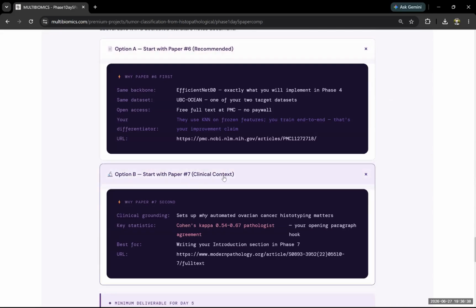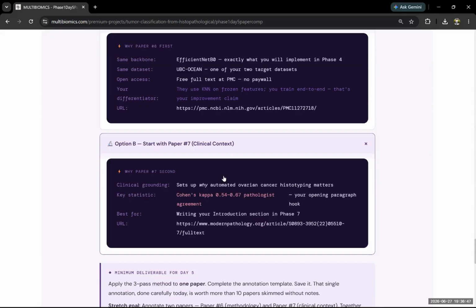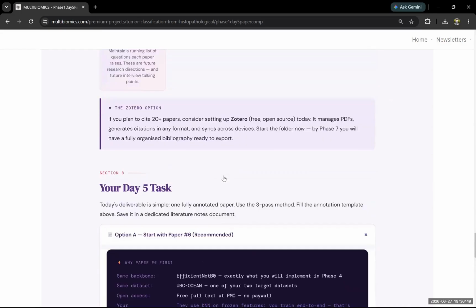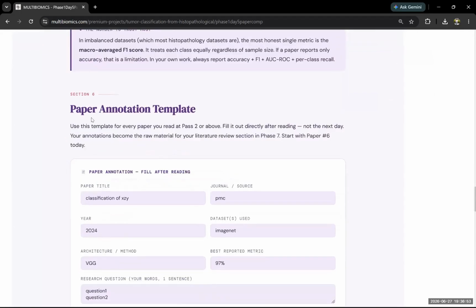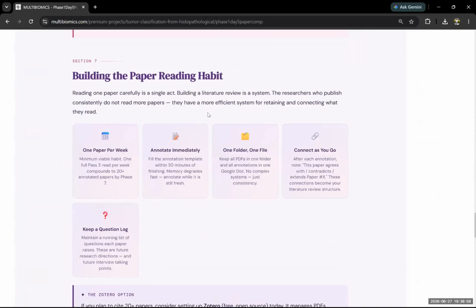You can choose either of these two papers, or if you don't want to choose these papers mentioned over here, choose whatever paper you like and you think you want to read, and just give me that template in a PDF file. Just send it to me.